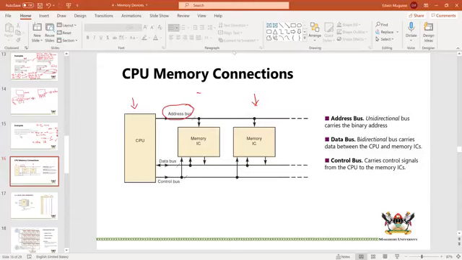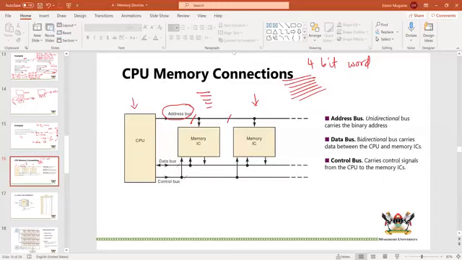Now this bus obviously has several lines. If it is a 4-bit word, then you're going to have 4 lines, or 8 lines if it's an 8-bit word, and so on. That's why there are these dashes, to show you that they are actually a combination of signal lines.